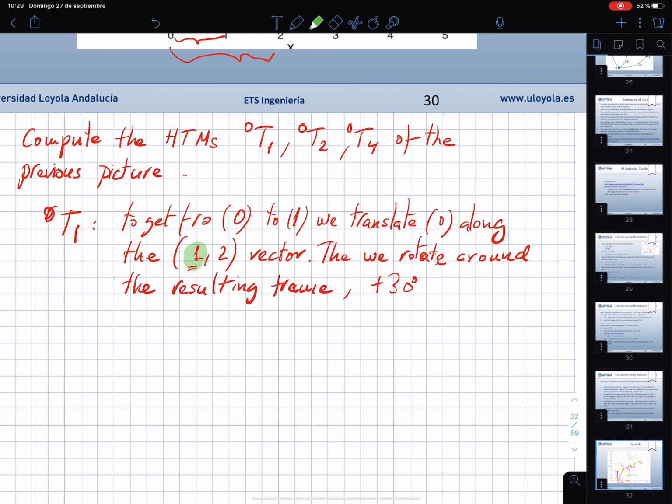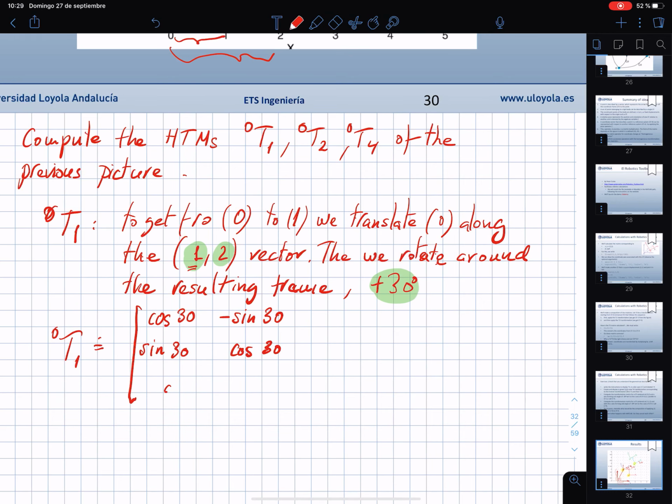So from x1, y2, and then theta equals 30, we compute the homogeneous transform matrix. And what was the formula? Well, if the sense of the displacement and the rotation is properly defined, then we will just have to write cosine 30, minus sine 30, sine 30, cosine 30.